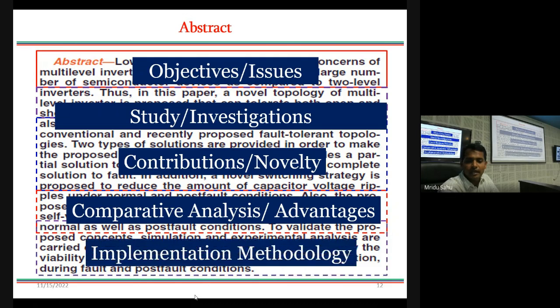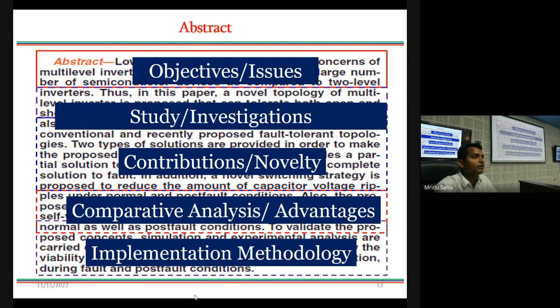And then implementation methodology, like what tools you have used to review the particular domain, right? So in terms of the ingredients, it looks similar to the research article, but altogether it carries different information. That's what you all have to clearly understand, right?